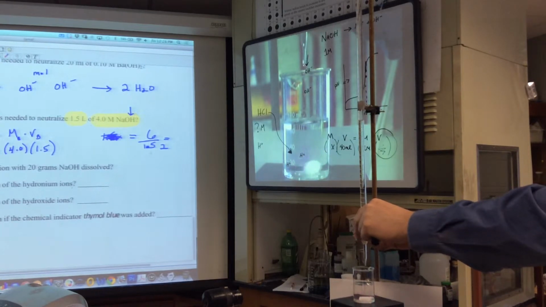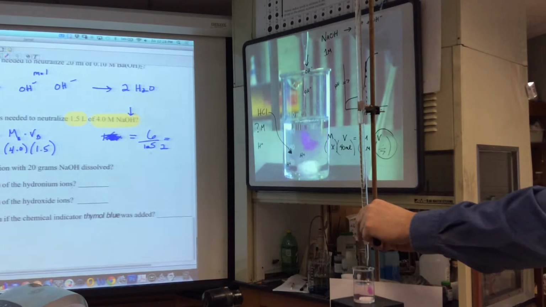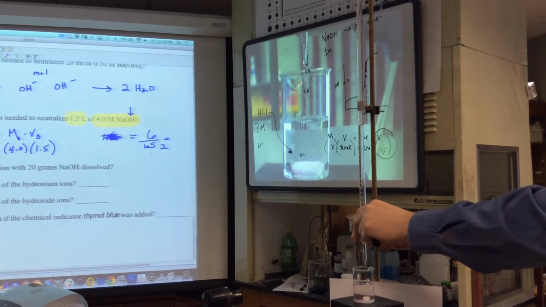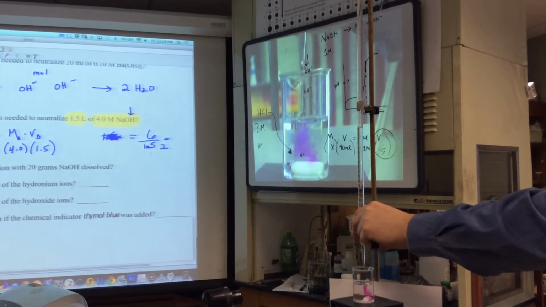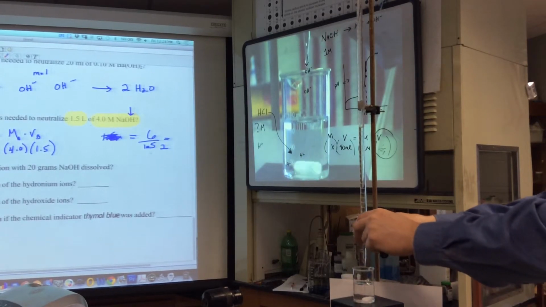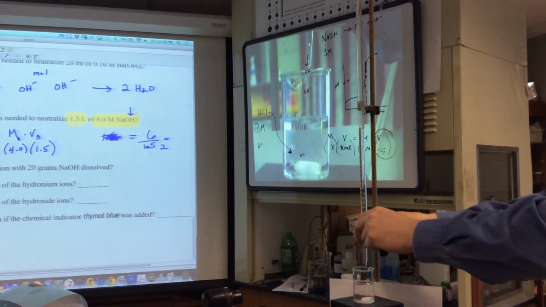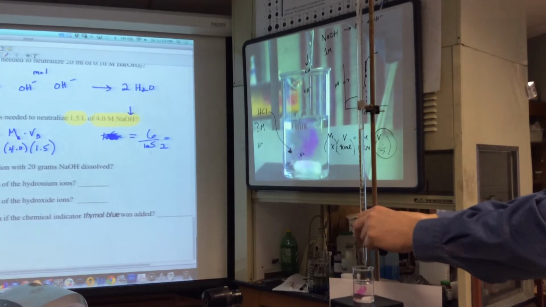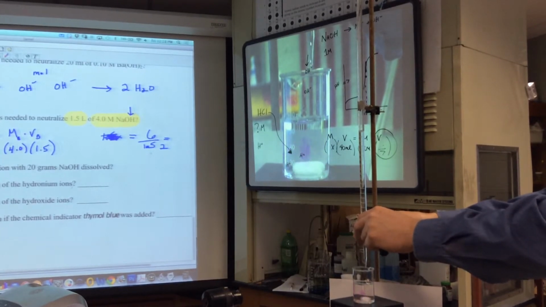And you're looking for that perfect light pink. When you get light pink, oh, this looks blue on the screen. Is it purple? Yeah. Colorblind. Am I getting close? Is it staying longer?